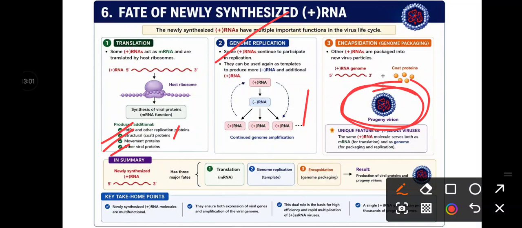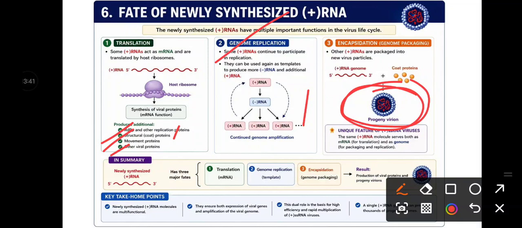So in summary, what happened? Virus enters into the cell, its coat protein is degraded, then the nucleic acid only enters into the cytoplasm, then our nucleic acid or the single stranded RNA directly acts as mRNA and starts translation and produces some enzymes or replication complex proteins that are needed for the further replication of the RNA.